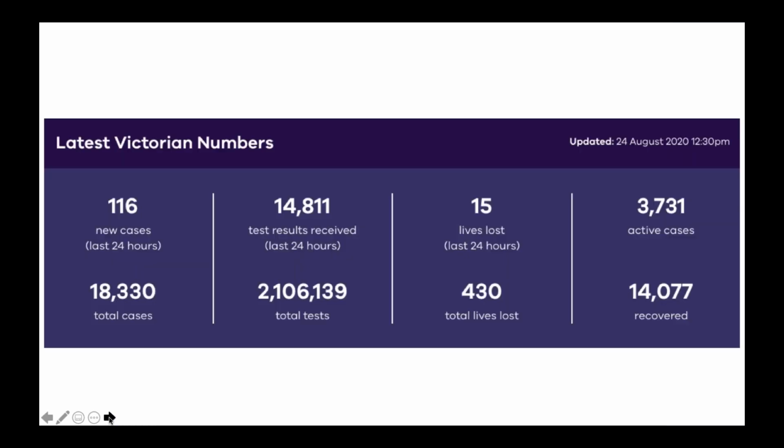But this is a very tricky virus, and so we've got to sort of be vigilant about where it might pop up next. Latest Victorian numbers, we've had a big decrease in the amount of active cases, down to just under 4,000 from nearly 8,000 at the beginning of last week. So this is people as they are cleared from isolation, and asymptomatic people, symptomatic people, people who have hospitalised. So we've still got quite a few active cases in the state.